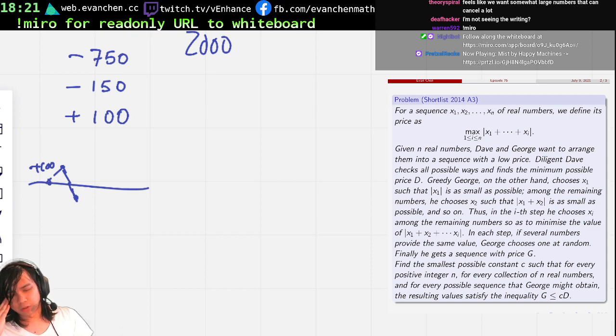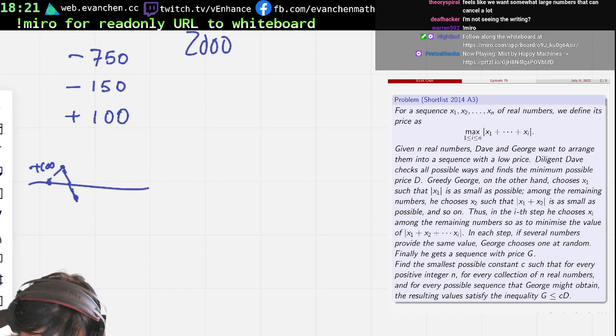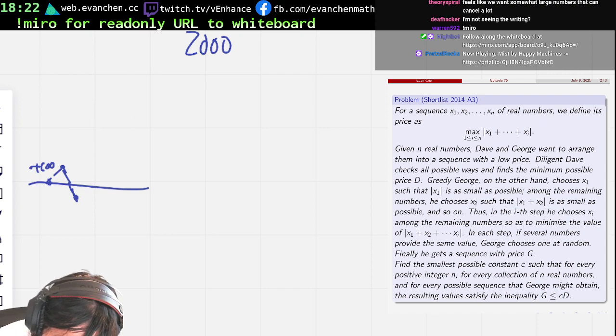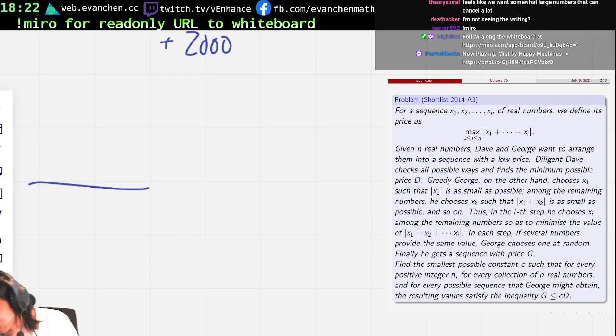The final sum is always the same, actually. That's the important bit. Basically, I want a spike, right? I want to have some spike with a property that you can't... I don't know what I'm trying to do.